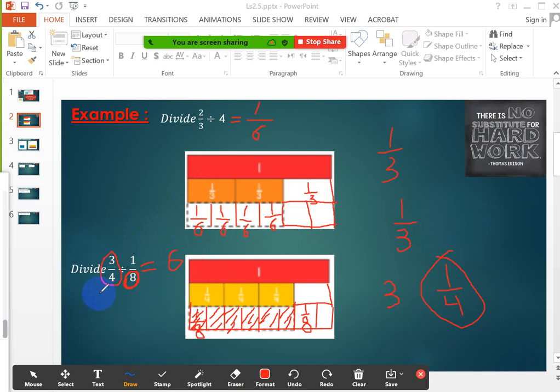When I divide a fraction by a fraction, after you represent both fractions, the answer will be the number of groups, the number of parts, which here is 6, the number of shaded parts. Girls, I know it's a new idea for you, so we will solve more exercises now to understand it very well.